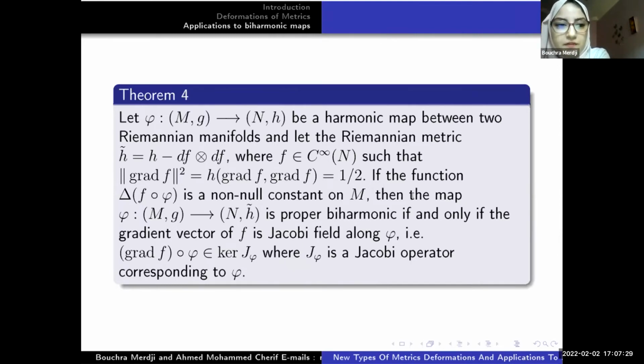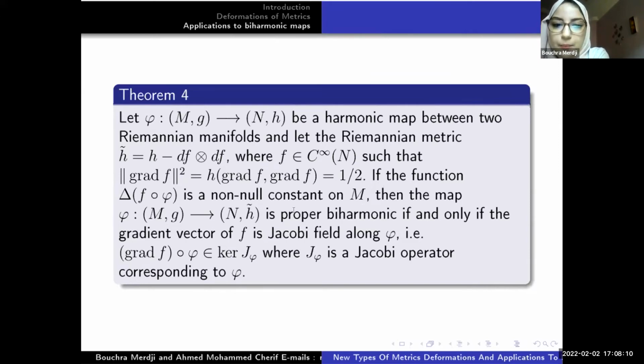So we have, if the function Laplacian of f circle var phi is a non-null constant on M, then the new map, defined from the manifold M equipped with G to N equipped with the new metric H tilde, is proper biharmonic if and only if the gradient vector of f is a Jacobi field along var phi, which means that the gradient of f circle var phi is an element of the kernel of the Jacobi operator corresponding to var phi.